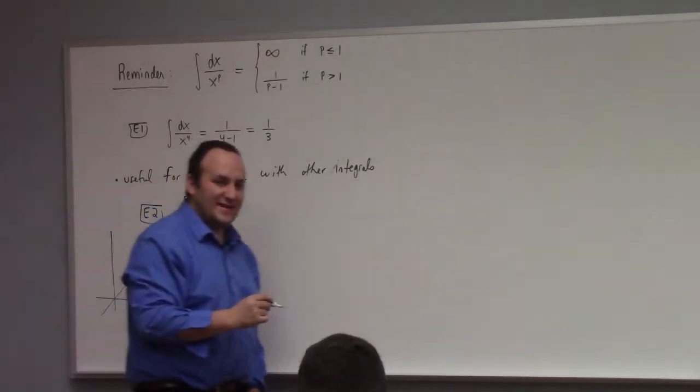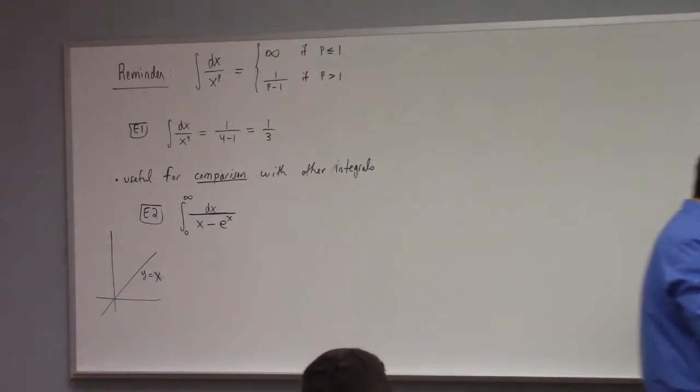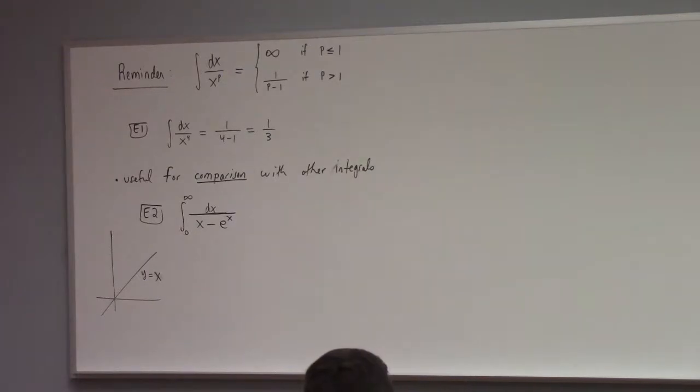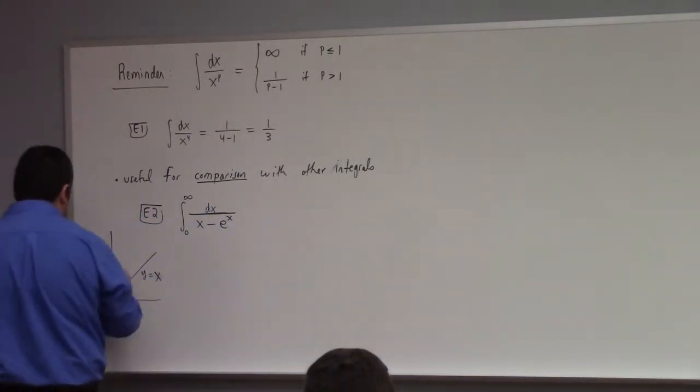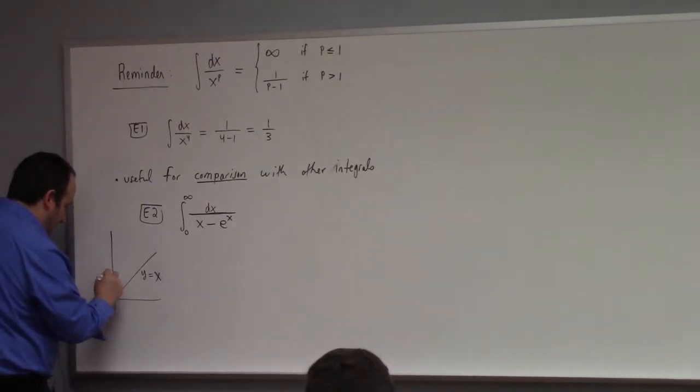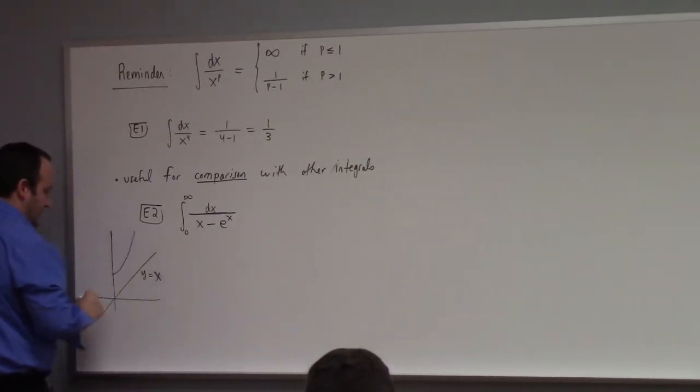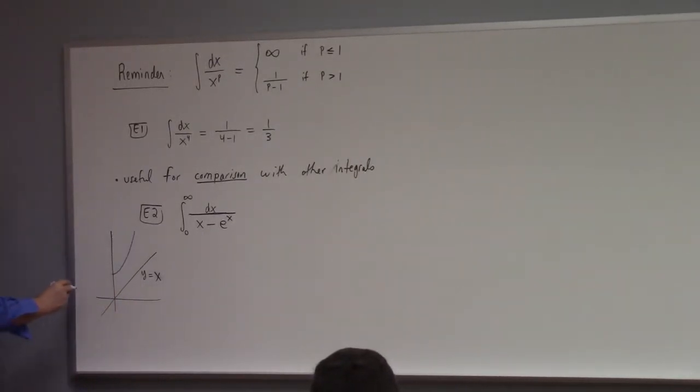What does y equals e to the x look like? It starts out at 1, and then it grows exponentially, in fact.